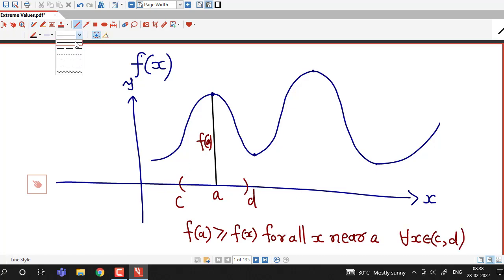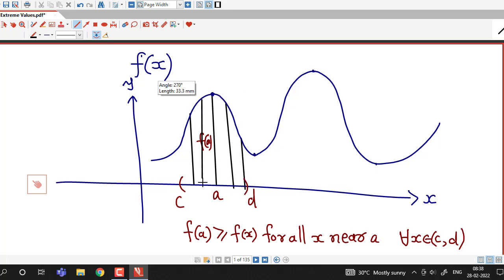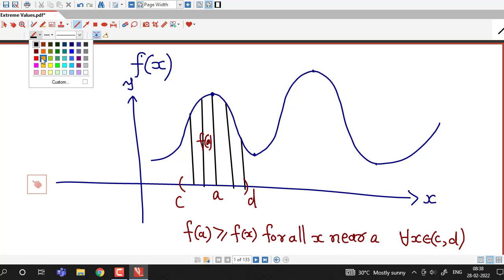We can see if we take any point x here in this interval, either here or here, then f(x) is always smaller than f(a). So we can say that this f(a) is the local maximum value of f(x) in this open interval (c, d). So this is the meaning of local maximum.